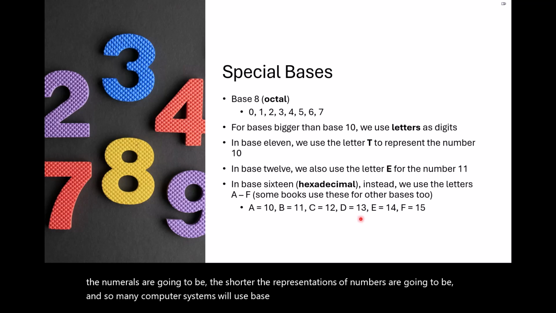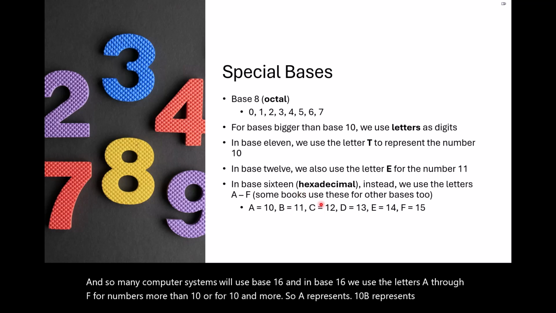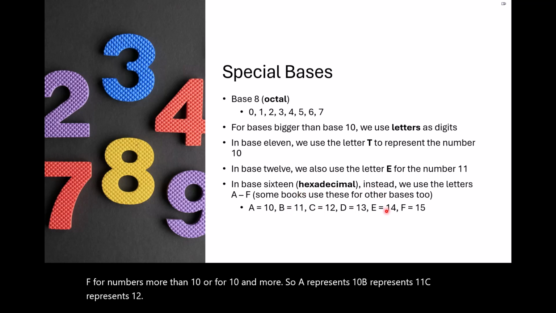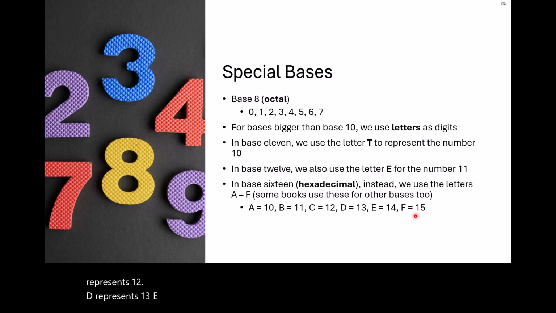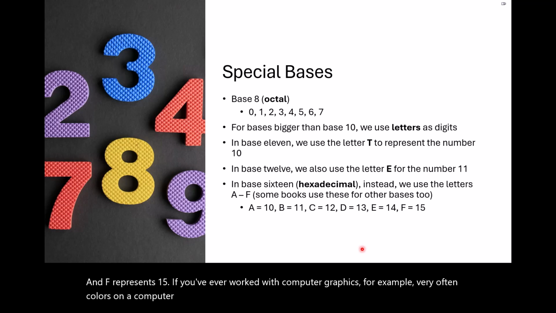And in base 16, we use the letters A through F for 10 and more. So A represents 10, B represents 11, C represents 12, D represents 13, E represents 14, and F represents 15. If you've ever worked with computer graphics, for example, very often colors on a computer are represented in hexadecimal to get really specific to things.